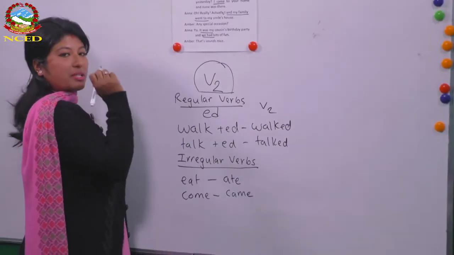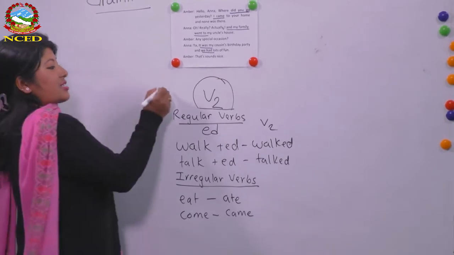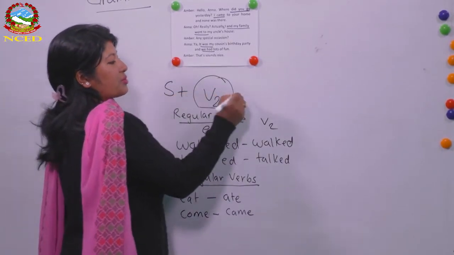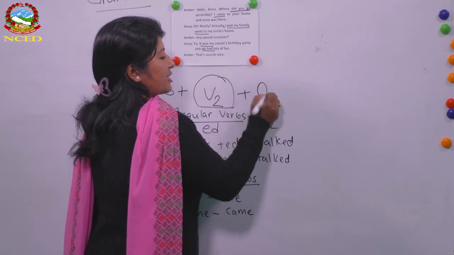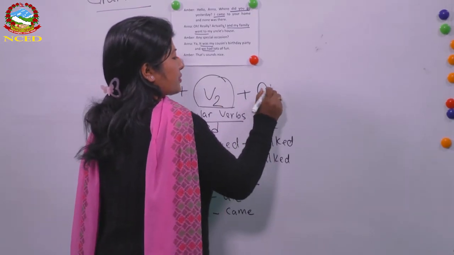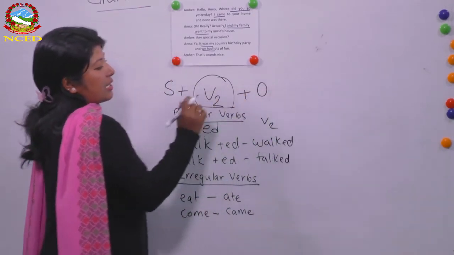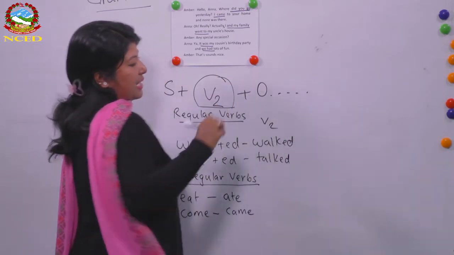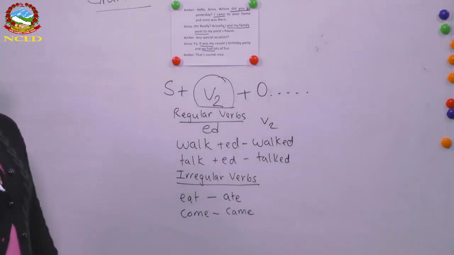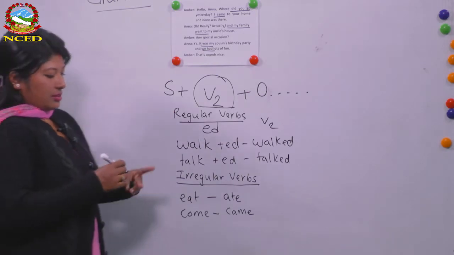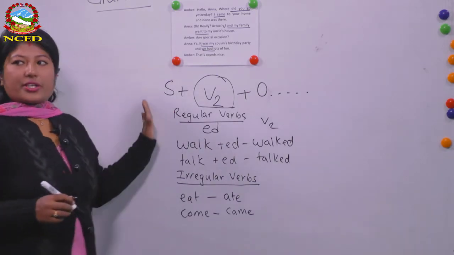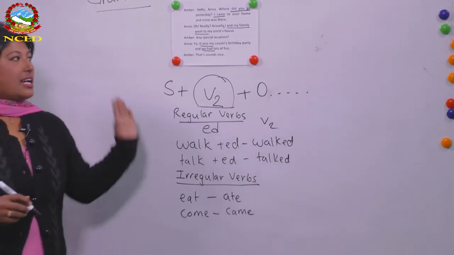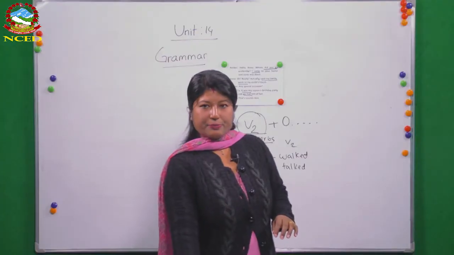The structure of simple past tense is subject, verb two, and if there is an object, we write the object as well, and then the remaining parts. So this is what we are going to focus on today, and one more topic is there.